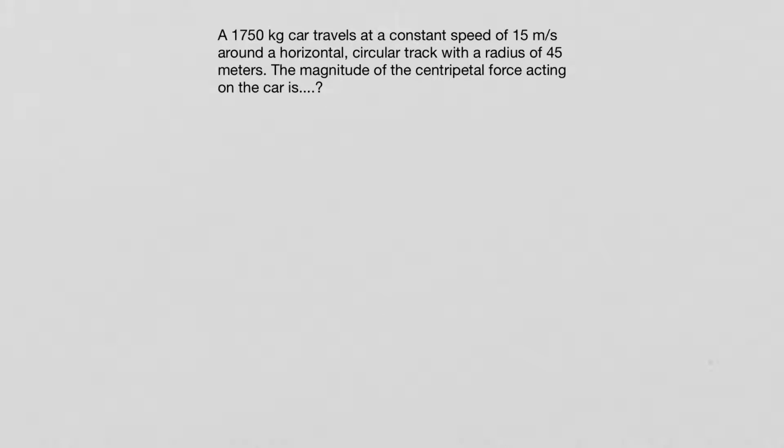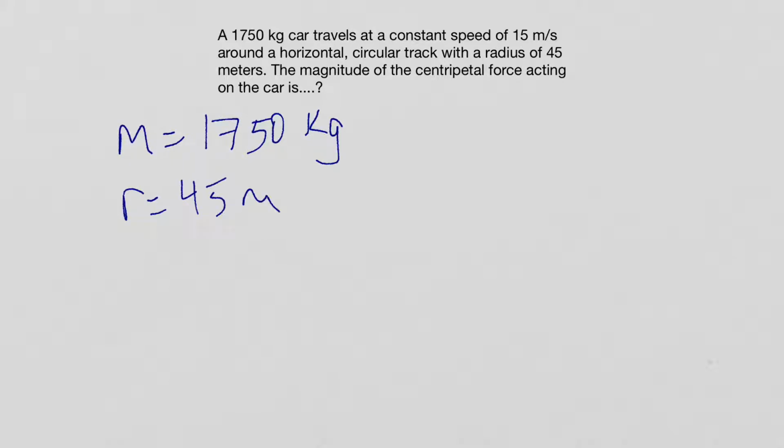We have a mass of 1750 kilograms, the radius is 45 meters, a speed of 15 meters per second, and the magnitude of the centripetal force is what we're looking for.